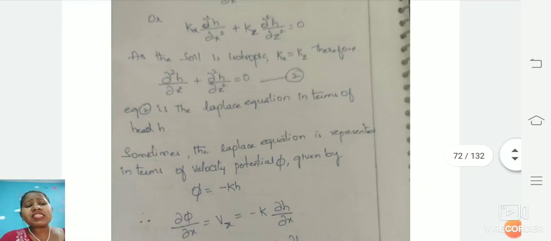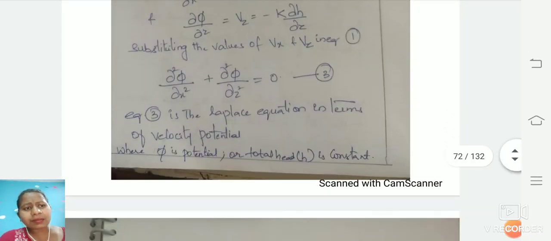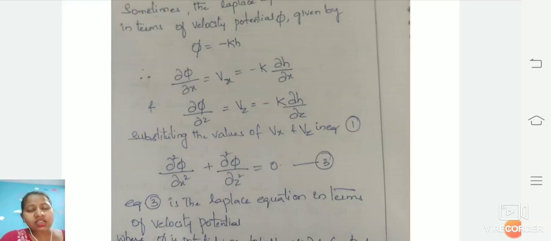So we are studying the Laplace equation in terms of head, that means the height. This Laplace equation gives us the velocity at a particular point, how the permeability is taken into consideration, and how the load is applied in the x direction. We are not considering the y direction here, only the x axis and z axis.